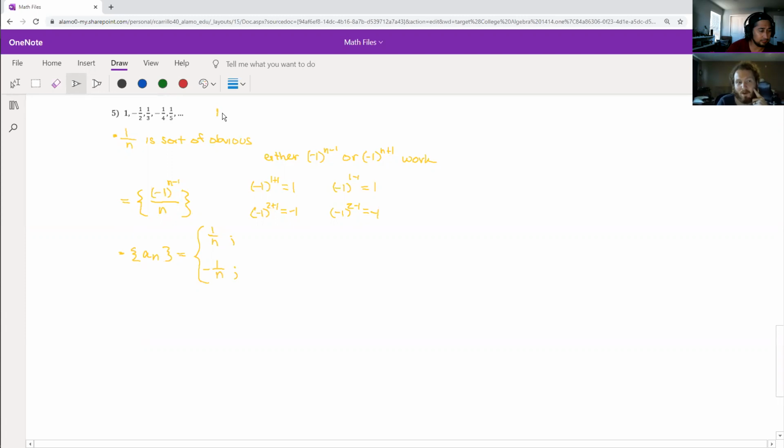We got 1, 1/3, 1/5, -1/2, -1/4. You probably have -1/6. So it's positive whenever n is odd and negative whenever n is even. So you could also define it like that.